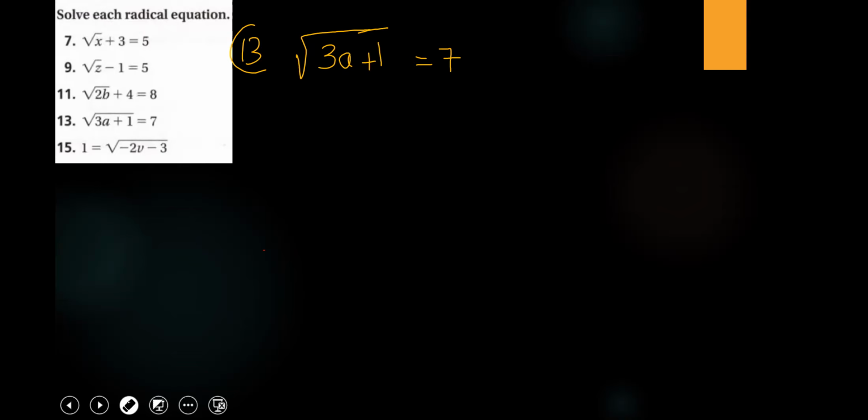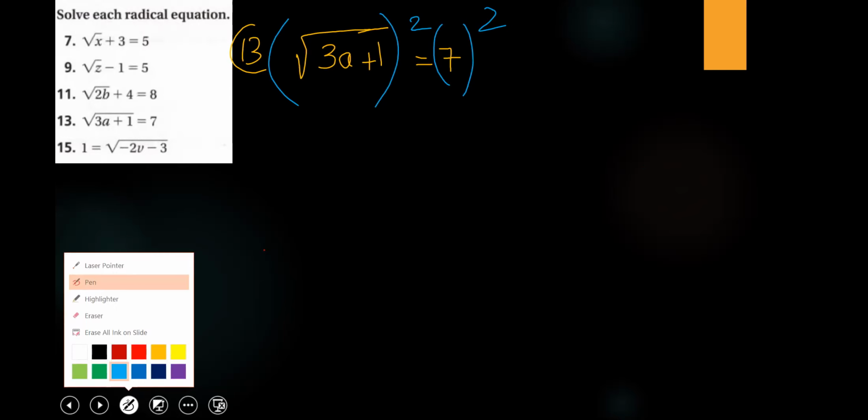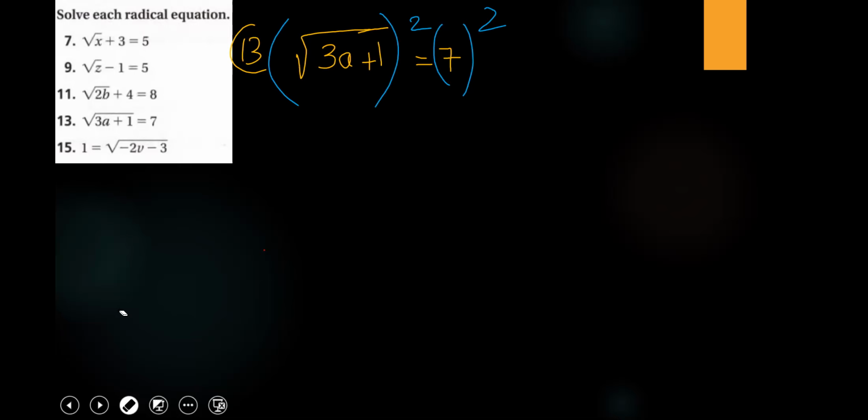So let's now square the first term and the second term. If you square now the first term, what did we have? 3a plus 1. Look here, the 2 of the square, when it comes, it cancels the square root.